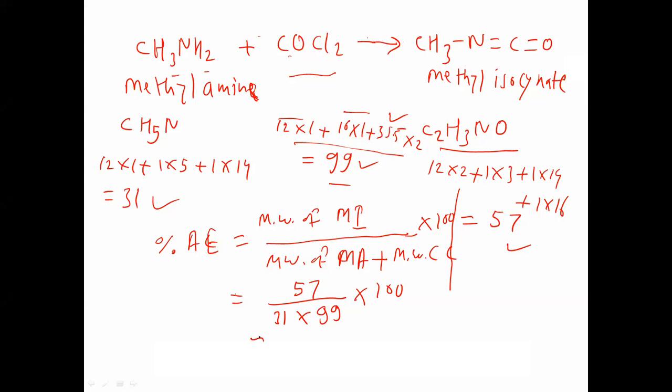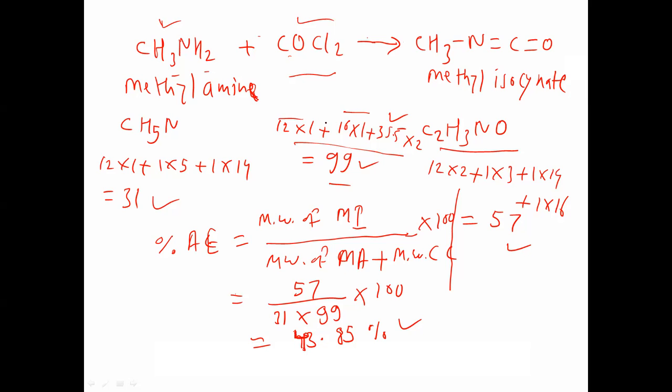So it is 43.85%. This is less than 50% atom economy, so we can say this is not acceptable. Also, on the reactant side, methylamine and phosgene are hazardous in nature.